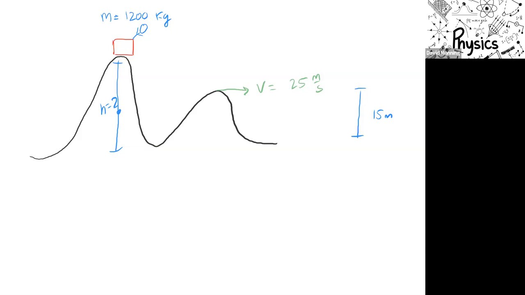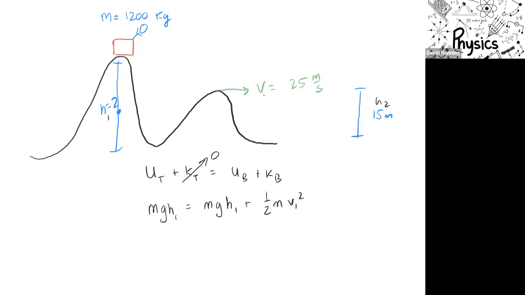So we're going to use the conservation of energy. So U at the top plus the kinetic energy at the top equals U at the bottom plus the kinetic energy at the bottom. The kinetic energy at the top is the only one that disappears. So we have mgh1, we'll call this H1 and H2, equals mgh2 plus 1/2 m v1 squared.